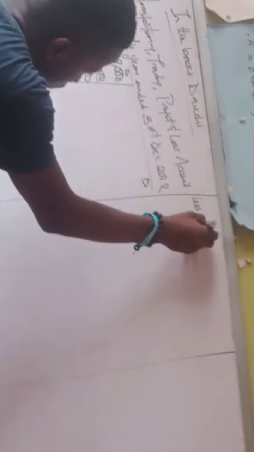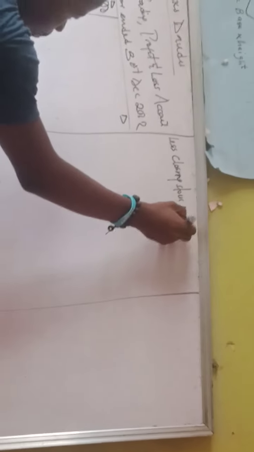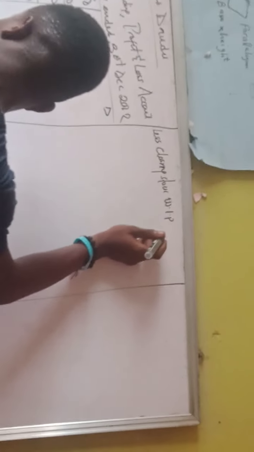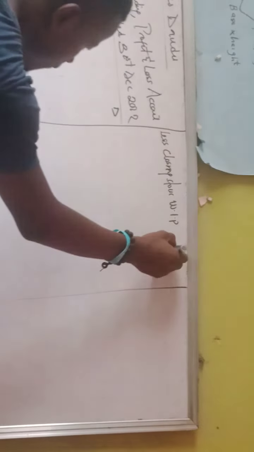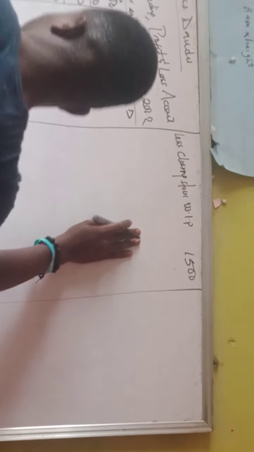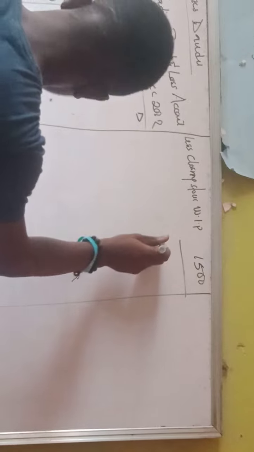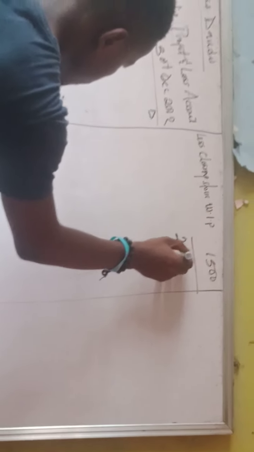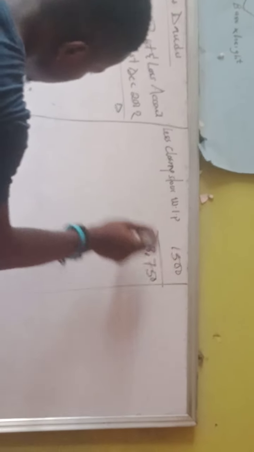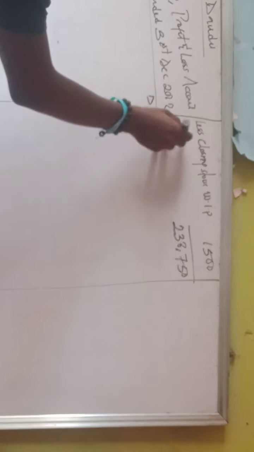So we continue. We now less the closing stock of work in progress. What's the figure? That's 1,500. So now 238,750. So that's going to be our cost of production.